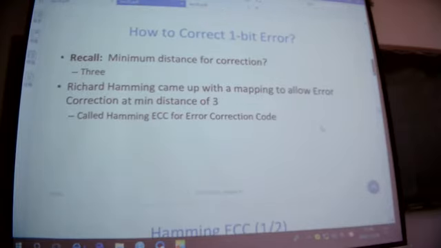Okay, this is how to correct a 1-bit error. The correction of a 1-bit error is simple. If the original number is 1, the correction is to change 1 to 0. If the original data is 0, we can correct 0 to 1, because binary has 2 circumstances. So the correction of 1 bit is simple.